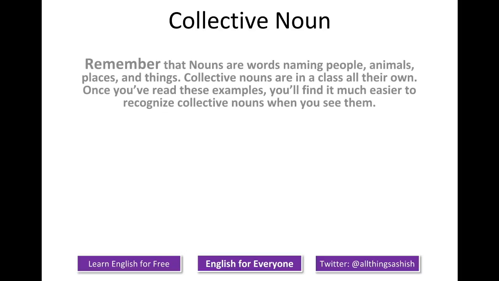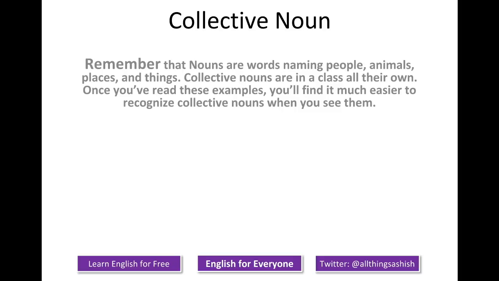Okay, let's look at collective nouns a little bit. Our first subject-verb agreement is going to be related with collective nouns. So here at this point, it is important to look at just the definition of collective nouns. Nouns are words naming people, animals, places, and things. And collective nouns are in a class all their own.